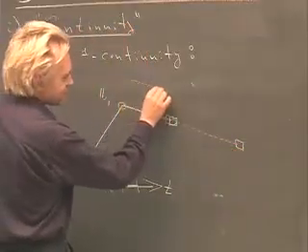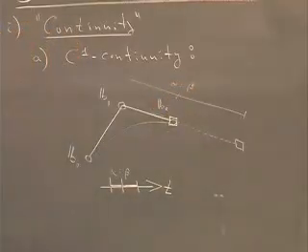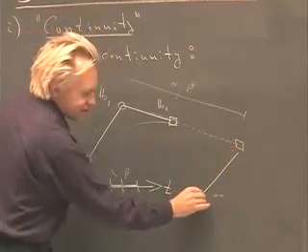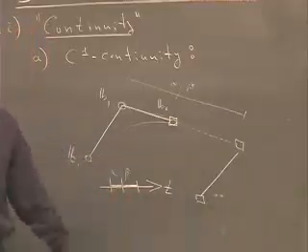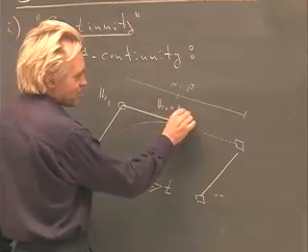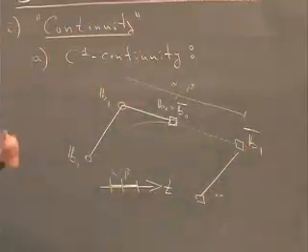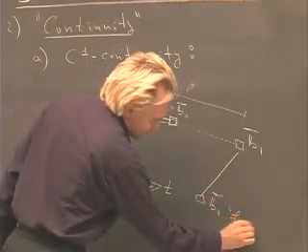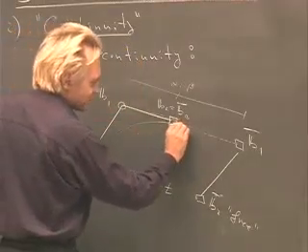I split this line segment in a ratio alpha to beta. And then the next Bezier point of the second segment is free. I can place it anywhere. The location of this point has no influence on the C1 continuity there. So these control points of the second curve have this bar on top: B0 bar, B1 bar, B2 bar. And this one is free. You can move it. It has no influence on the C1 continuity at this breakpoint.